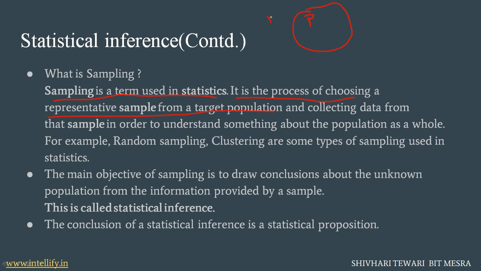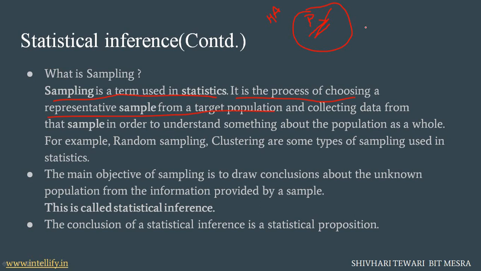Here it is the hospital administrator. Now how will he take the sample from that target population? Look, the data which he has collected is the target population. Here all the patients staying in the hospital are the target population.